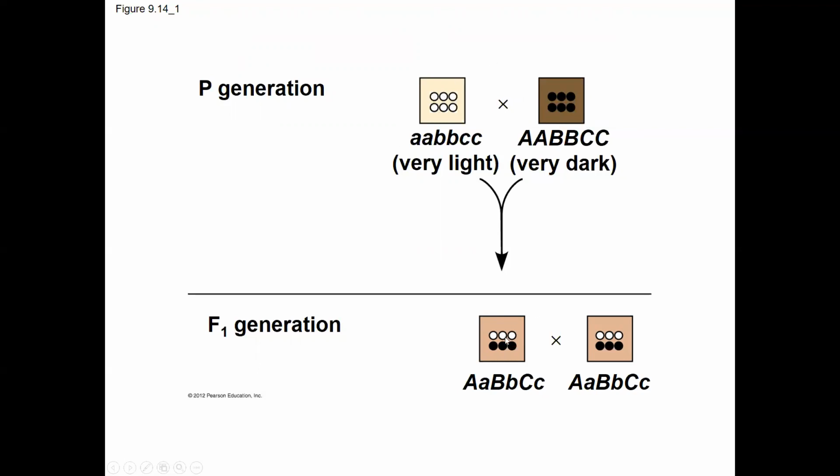When you cross these two individuals, you're going to create the F1 generation that are considered hybrids. And you can see that these hybrids have a skin color that is an intermediate between the very light and the very dark. And they have an equal number of light versus dark traits or genes. And they are heterozygous for those genes.